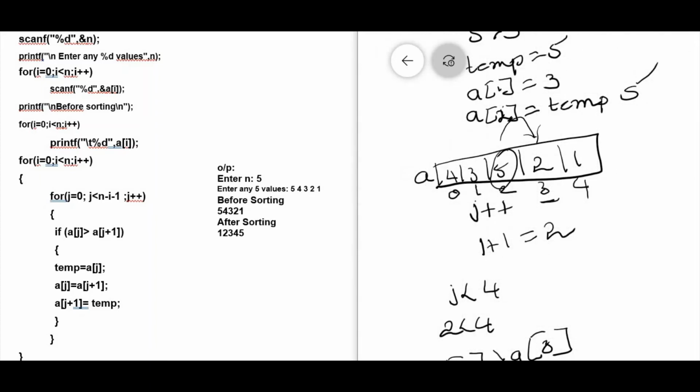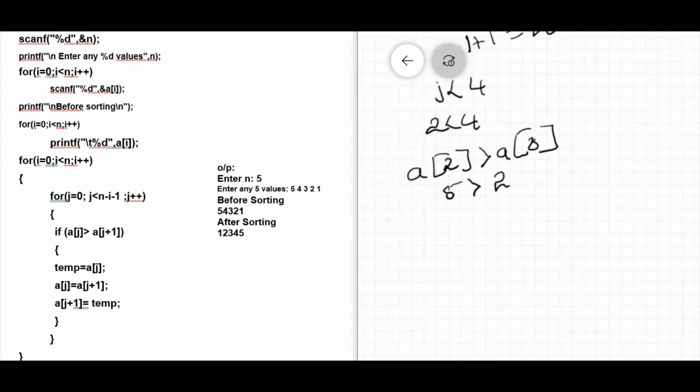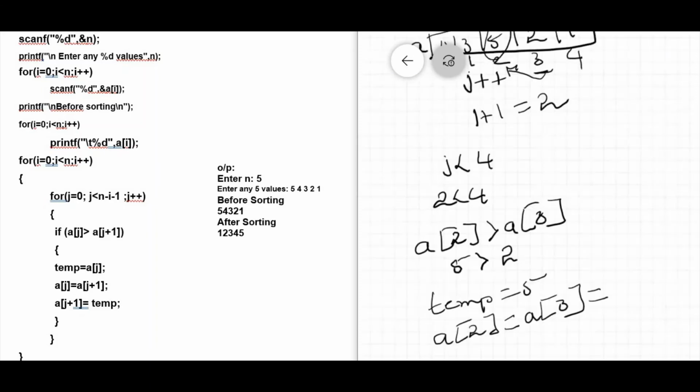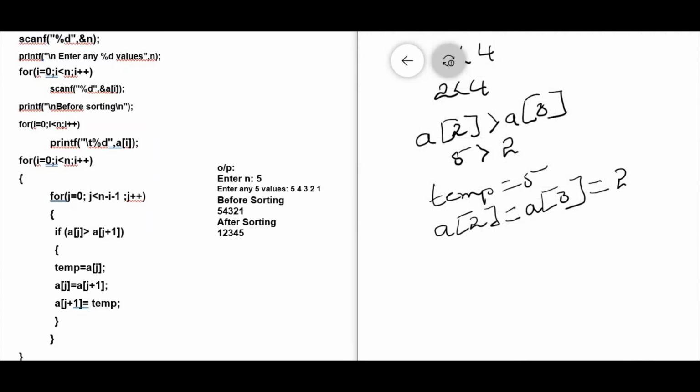So 5 will be brought to A of 3 and the content of A of 3, which is 2, will be brought to A of 2. So temp will now contain 5. Now A of 2 will be copied with the content of A of 3, which is nothing but 2.